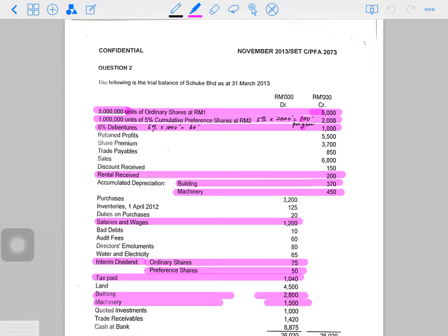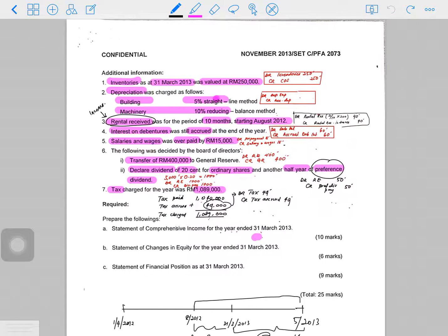Again, ordinary shares balance brought down is 5 million. Okay, 5 million balance brought down there. Okay, 5 million you should put in the statement of changes in equity. Statement of changes in equity, 5 million balance brought down in your share capital.